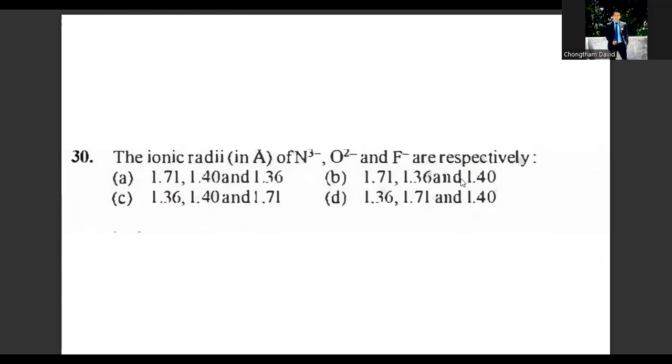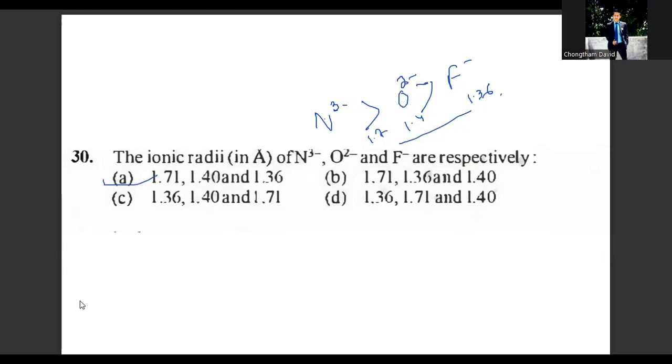The correct order would be N3 minus greater than O2 minus greater than fluoride. Now do the comparison with this sequencing. So this would be 1.7, 1.4, then this would be 1.36. So option A would be the answer, because on this basis you have to give the ranking, right?